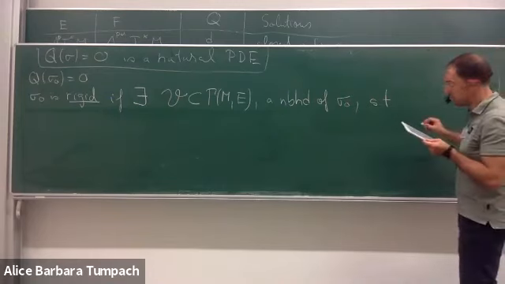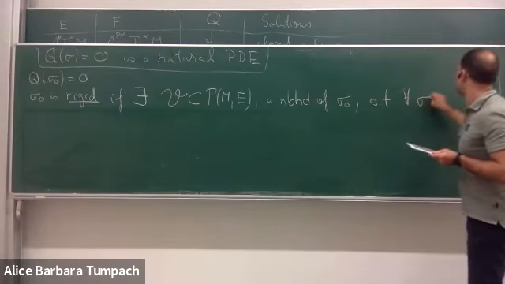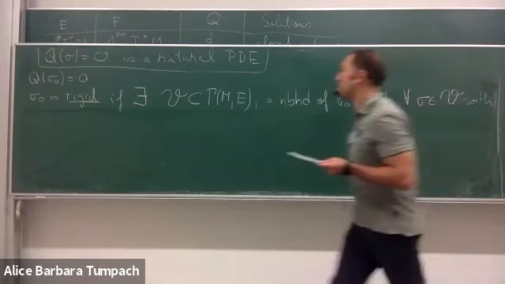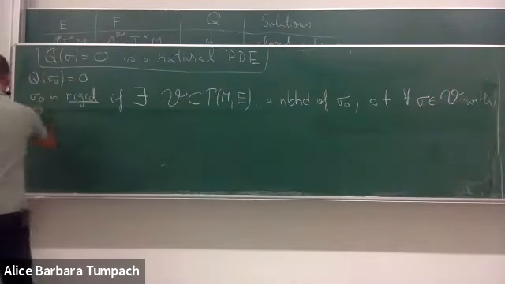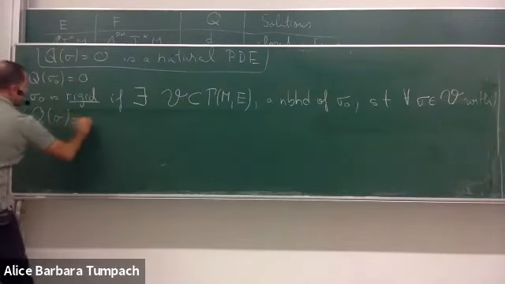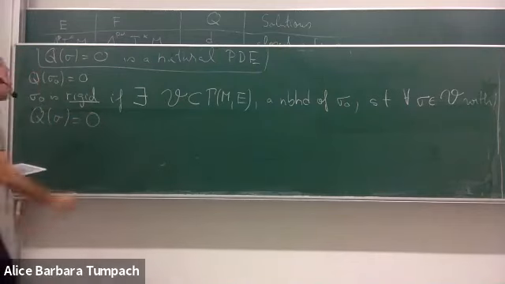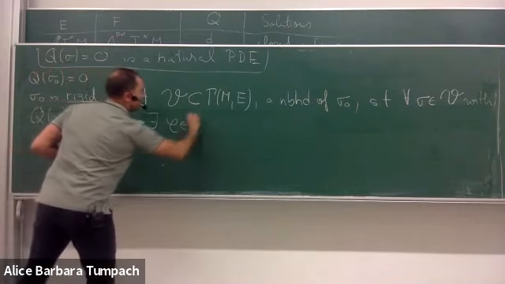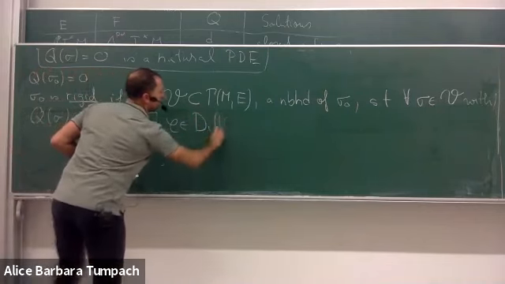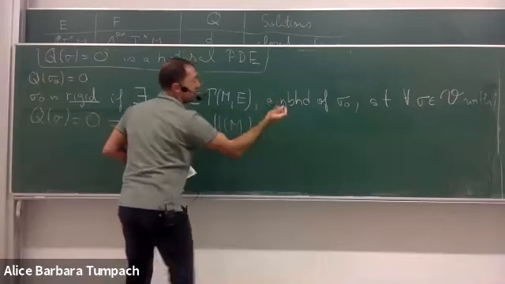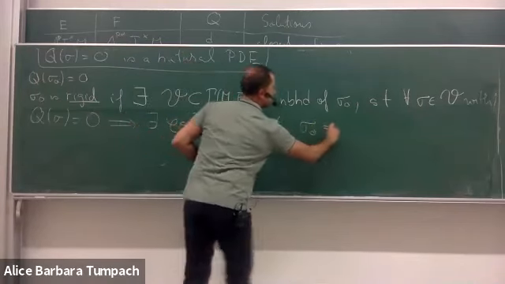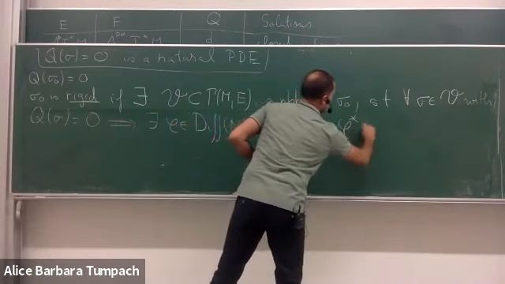Such that for any sigma in V with Q of sigma equals 0, it follows that there exists a diffeomorphism phi of M which relates them, such that sigma 0 is phi star of sigma.